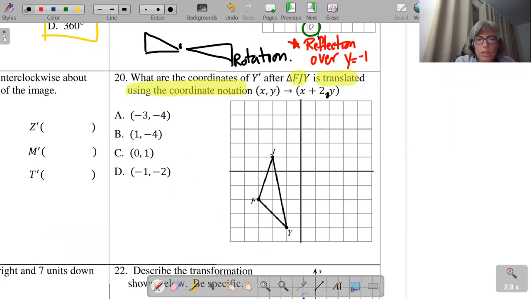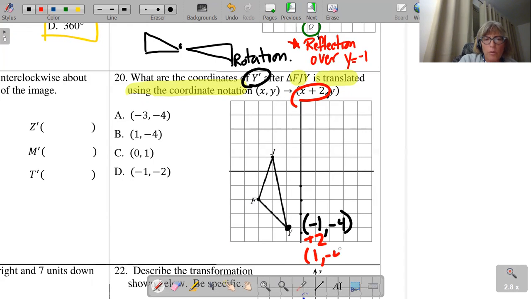So take these coordinates, and it's asking only for the y coordinate. So your y coordinate is at -1, -4. And it just wants you to add 2 to this, and you're going to get +1, -4, which is answer B.